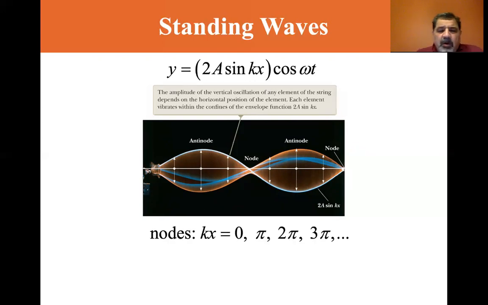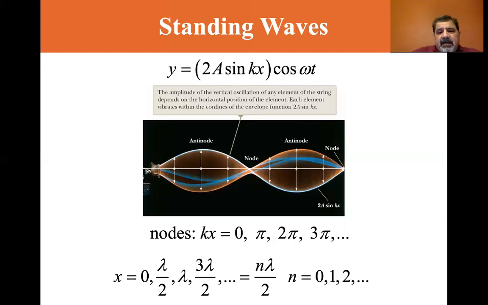The nodes occur at kx equals 0, pi, 2 pi, 3 pi, 4 pi, and so on. It was every 180 degrees, every half wave, that they occur.